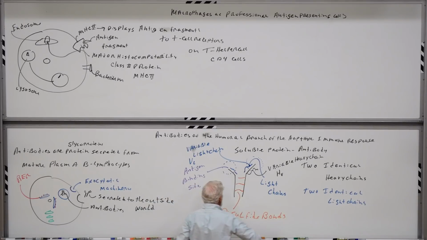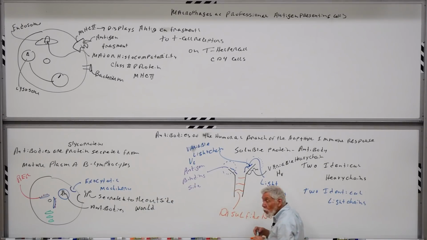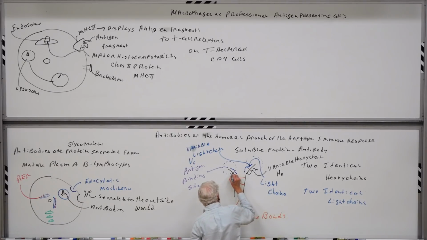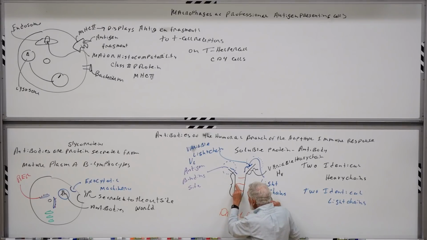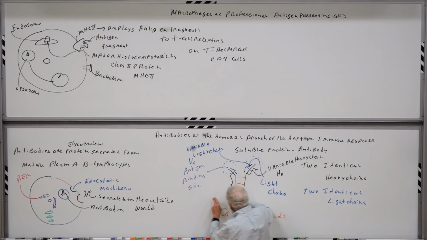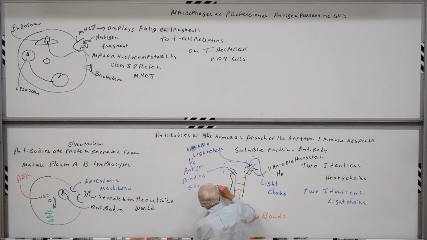Well, since they're variable regions, that implies that there are also constant regions. So this great long section up to the purple dashed line, this part in black, is said to be the heavy constant region.